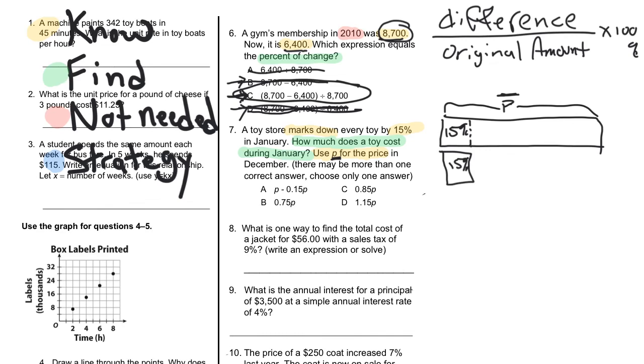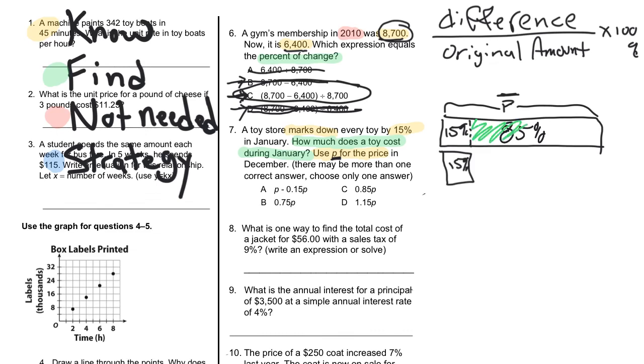So I made this little thing so you can see the little dotted area here. This part is getting lobbed off, right? Because it's going to be a 15% markdown, so it's going to be less. So there's the 15%. That leaves me with what over here? That's 85% of whatever P is left over here. This is the part we're trying to figure out.